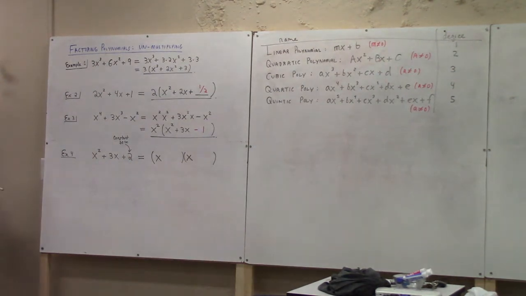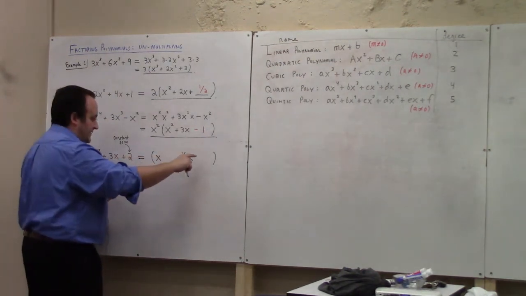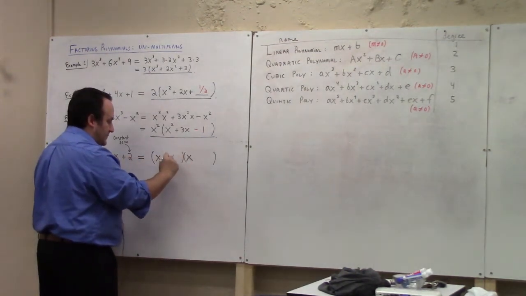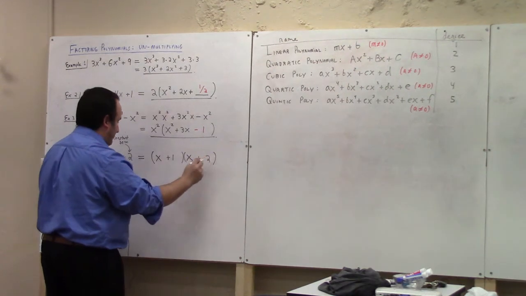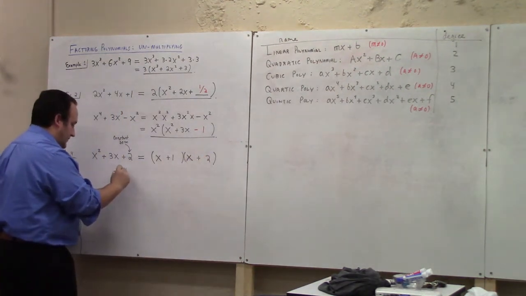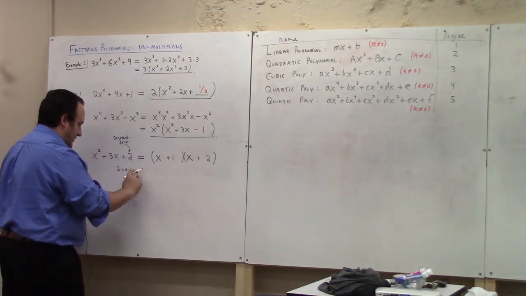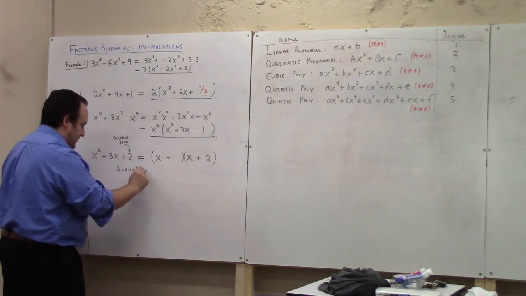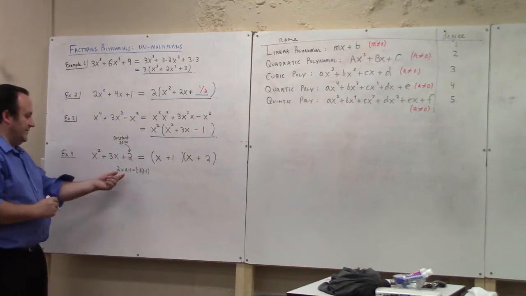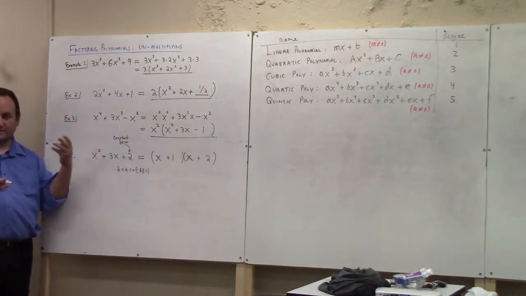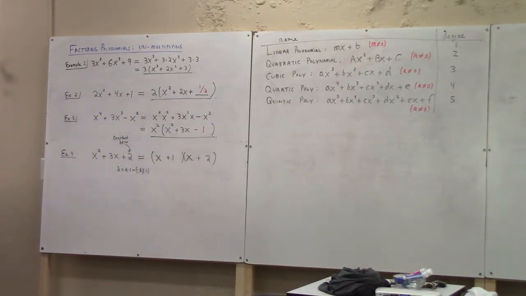So what should I put here? I should try plus 1 plus 2, right? Because 2 is equal to 2 times 1, but it's also equal to minus 2 times minus 1. But these are the natural first things to try: 2 and 1, or minus 2 and minus 1. But the minus doesn't really look like it's a good choice here.